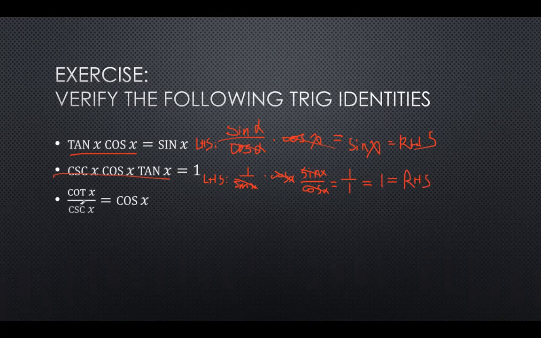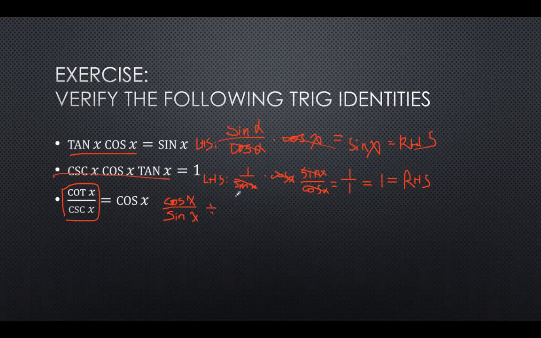Next one, we have cotangent divided by cosecant equals cosine. Again, we work on the left-hand side and we want to get to cosine. So we convert everything in terms of sine and cosine. Cotangent is cosine over sine, divided by cosecant.